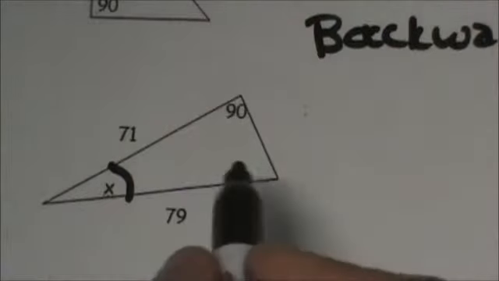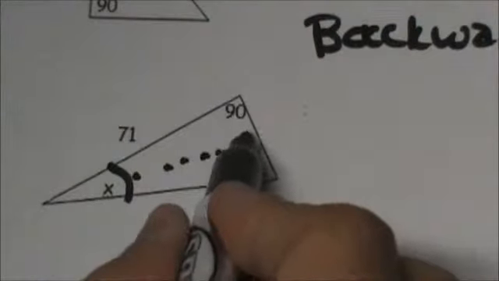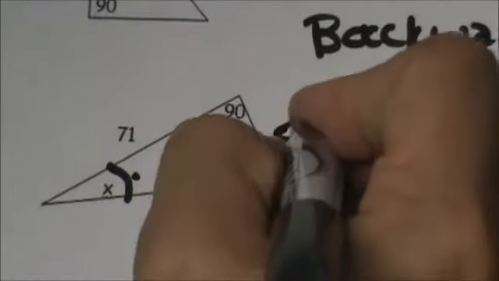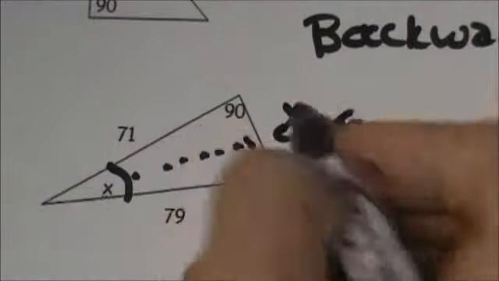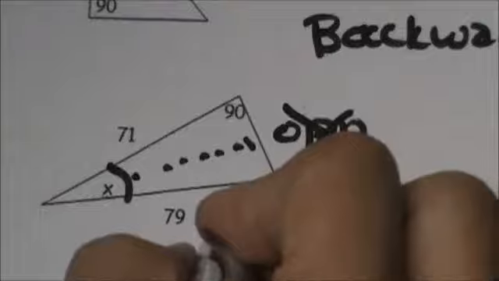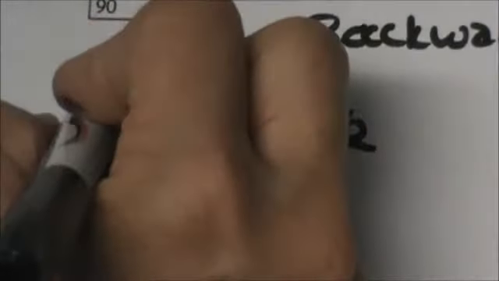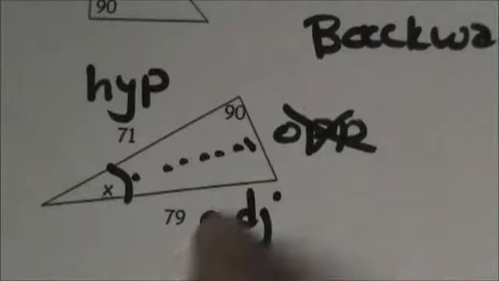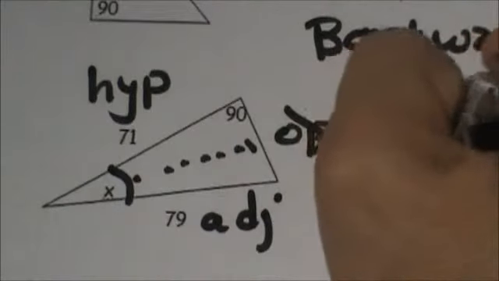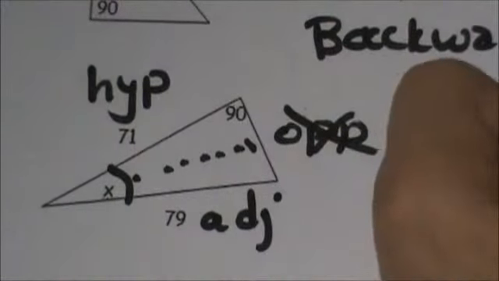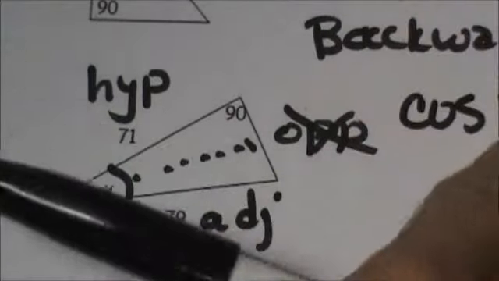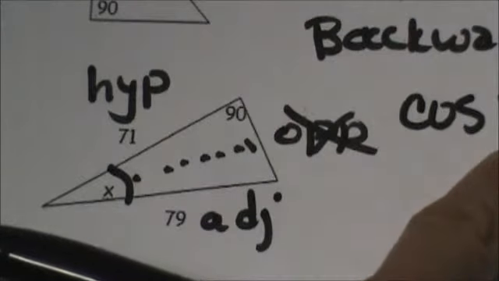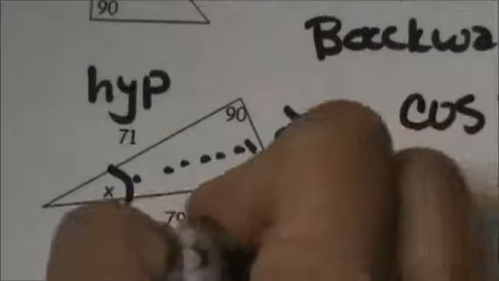Okay, so which two sides are we using? This one is the opposite. We're not using it. So which trig function uses adjacent hypotenuse? Hopefully you're getting more comfortable with that. The answer is cosine. Cosine of our unknown angle x equals the adjacent, oops, I've got those labeled wrong, don't I?